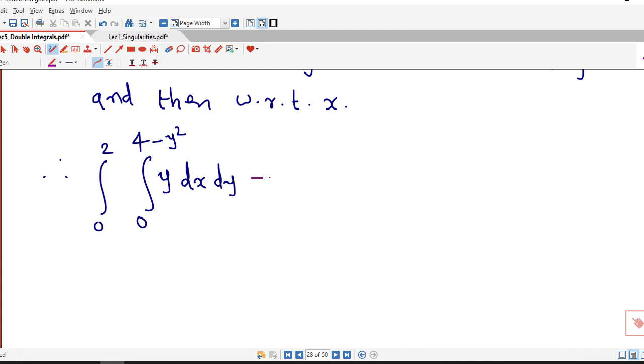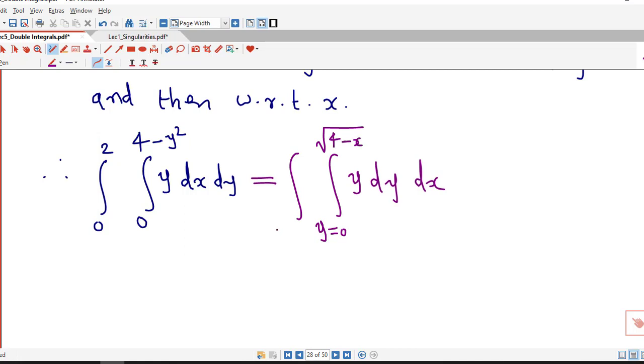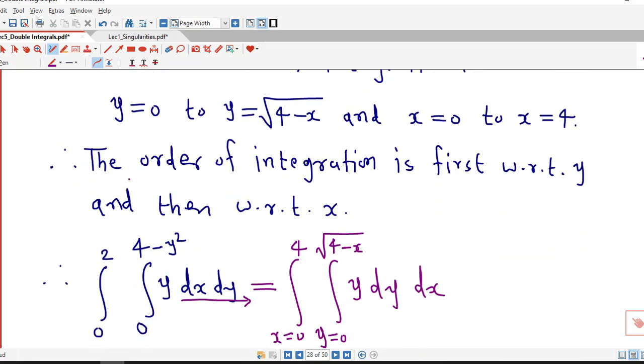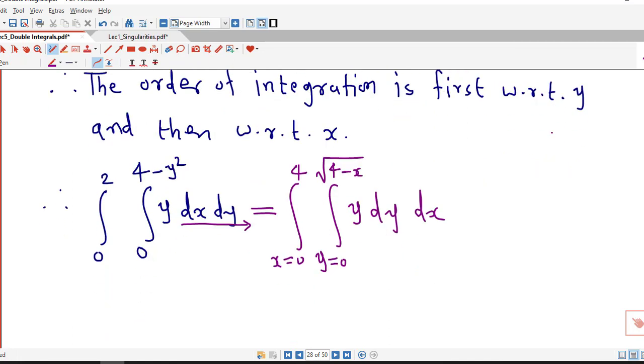So this is equivalent to, instead of dx dy now we have y dy dx, and here y is from 0 to square root of 4 minus x and x is from 0 to 4. So the order of integration is changed from dx dy to dy dx, and y is from 0 to square root of 4 minus x, x is from 0 to 4.